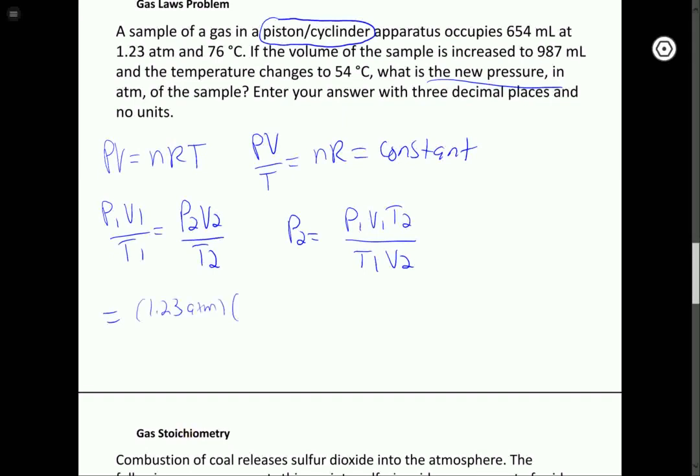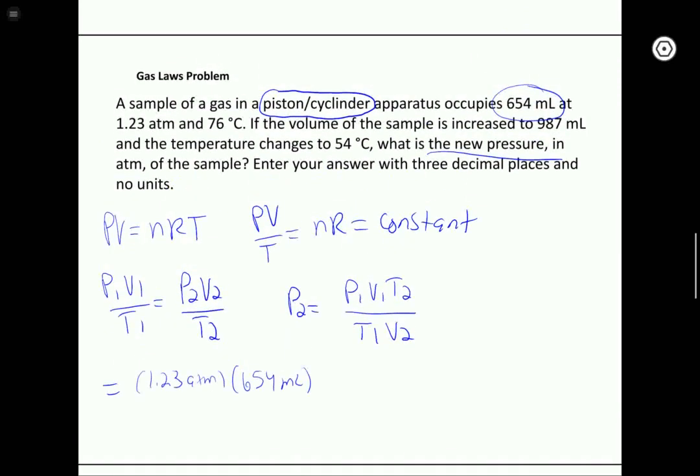Our initial volume, V1, is 654, and then our T2, which is what we want in the numerator here. So here we have to convert our temperatures to Kelvin. So this is the one unit you can't mess around with, temperature. Temperature has to be in Kelvin for any ideal gas problem. So that means our T1 is going to be 76 plus 273.